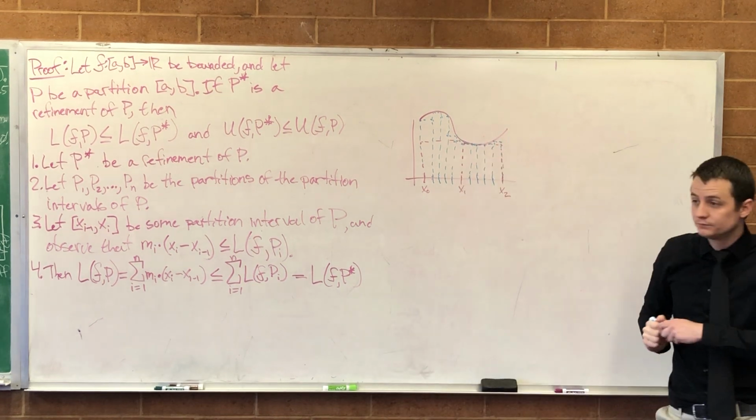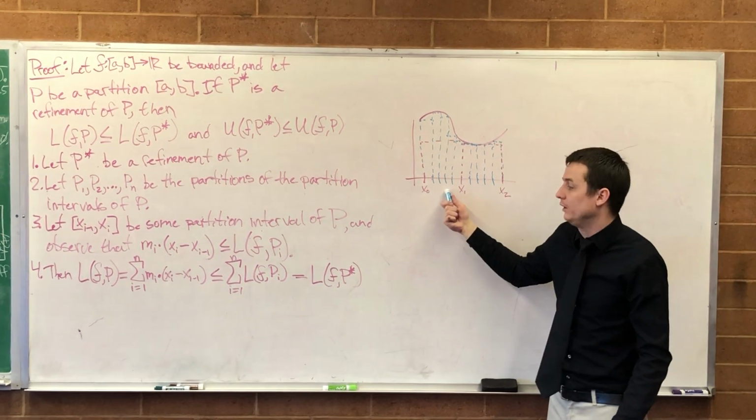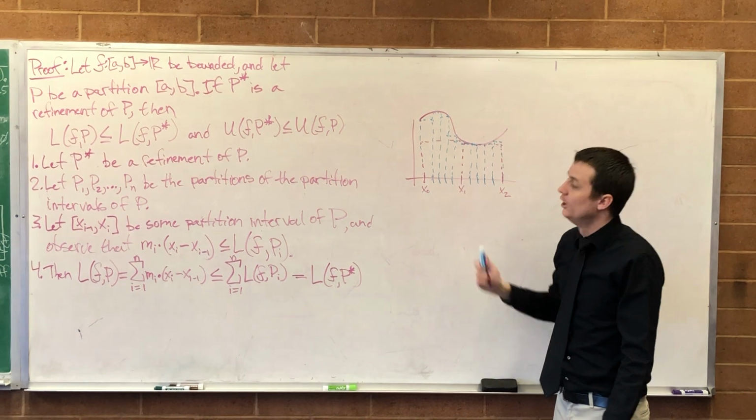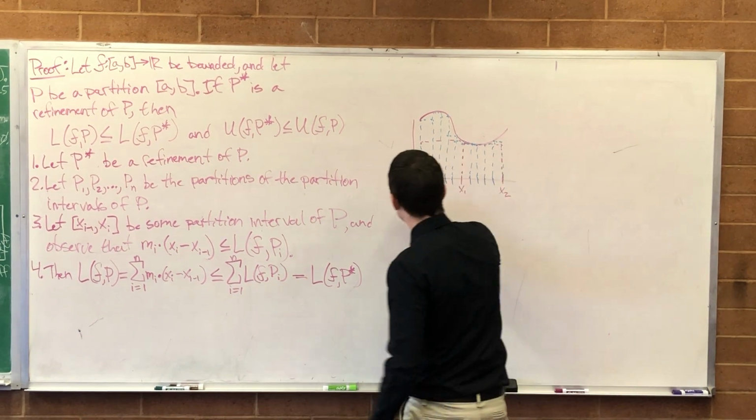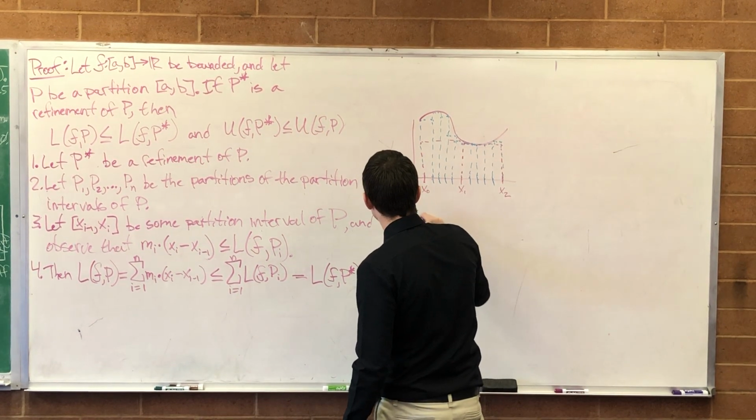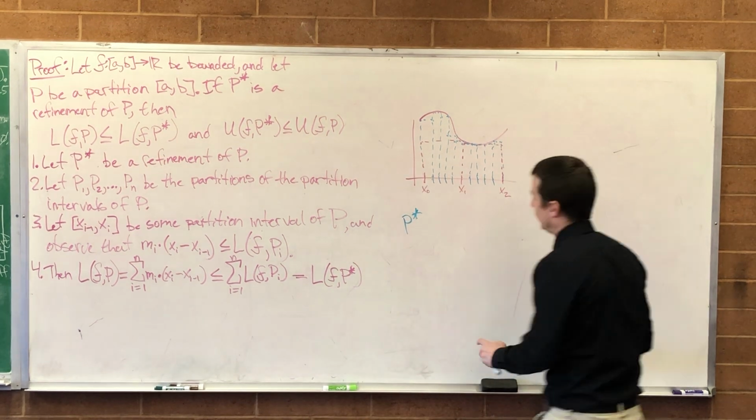Something like that, right? Now obviously the blue is giving us a much better approximation than the pink. The blue is using our P star, and the pink is using just our initial partition P.